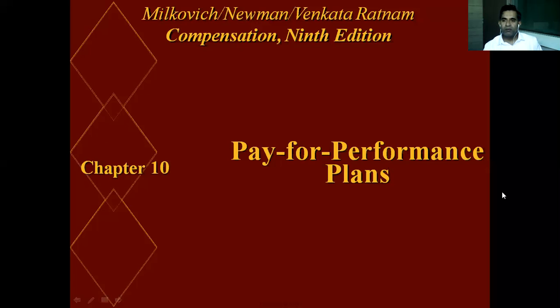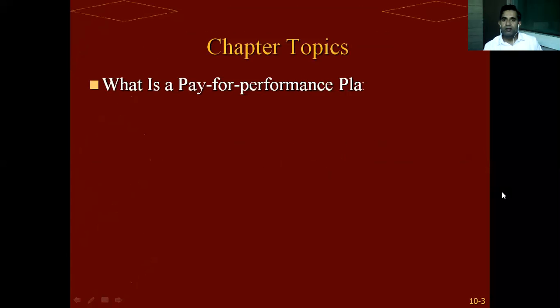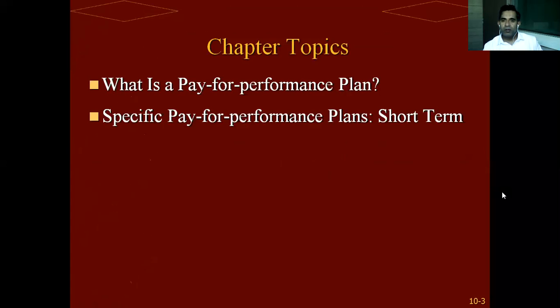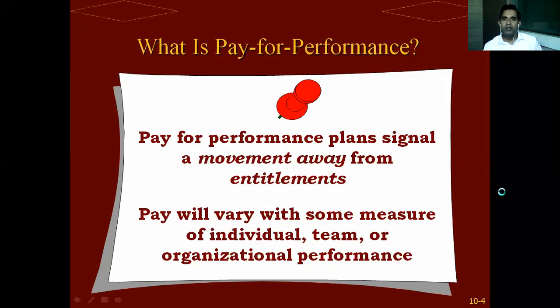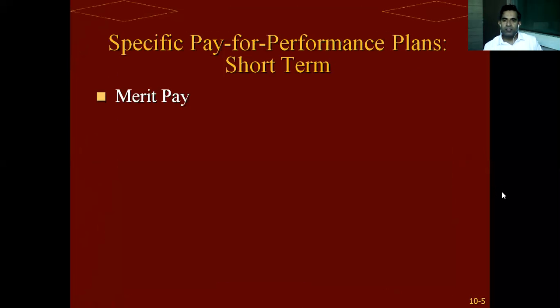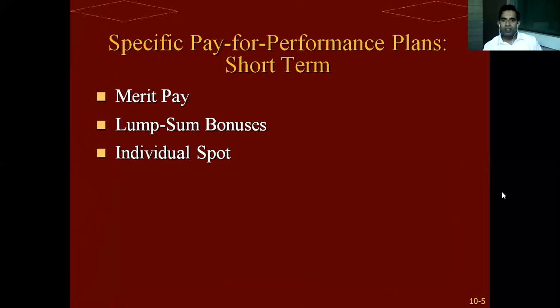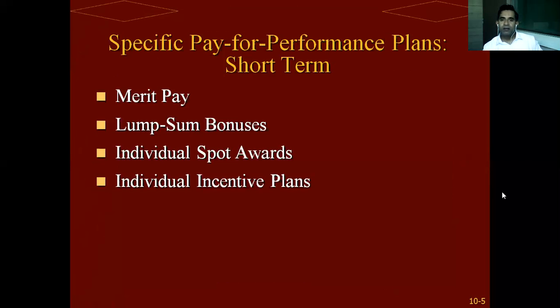We have learned what a pay for performance plan is, then considered the specific short-term pay for performance plans, including merit pay, lump sum bonuses, and individual spot awards. We have learned all 3 of them, and now we are learning individual incentive plans.